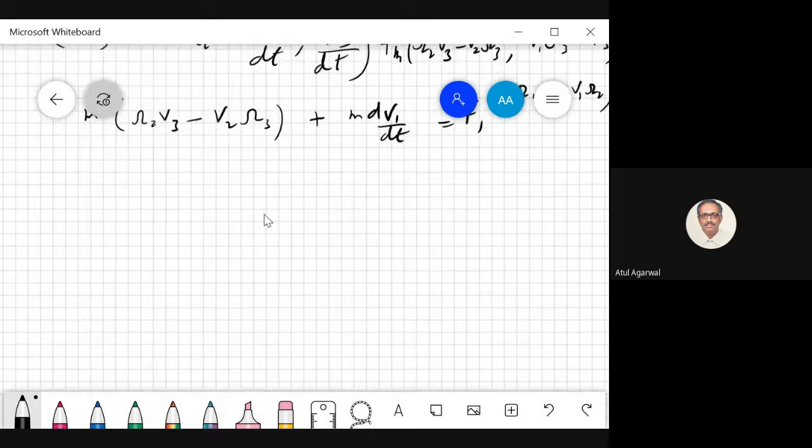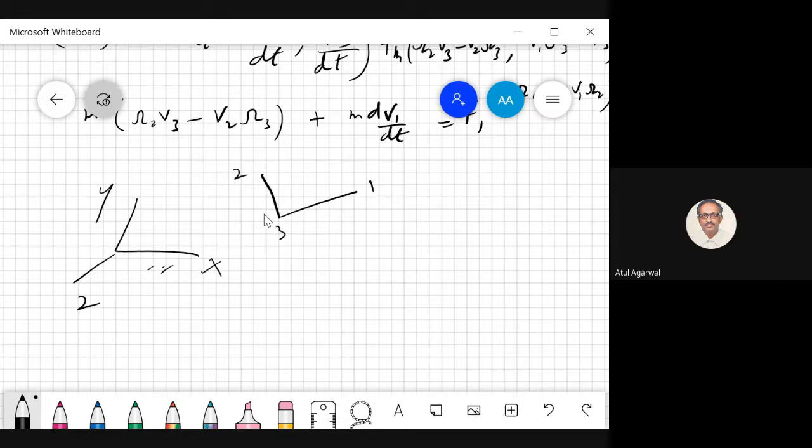Now suppose this is a coordinate system x, y, z, and this is a 1, 2, 3 system at a point of time. You will say this body has angular velocity omega x, omega y, omega z with respect to this coordinate system.